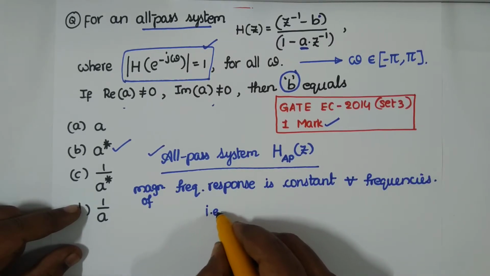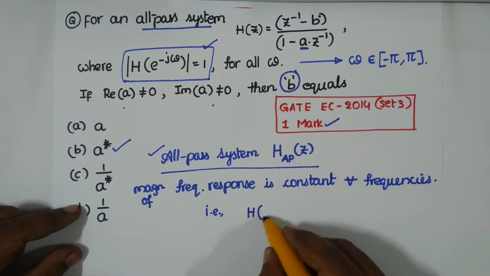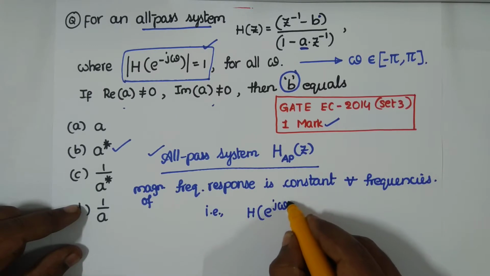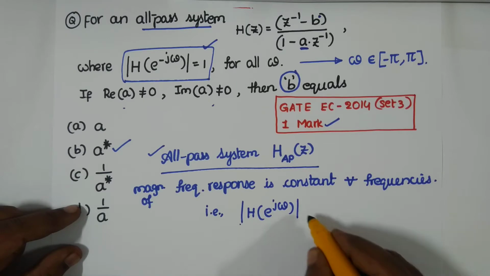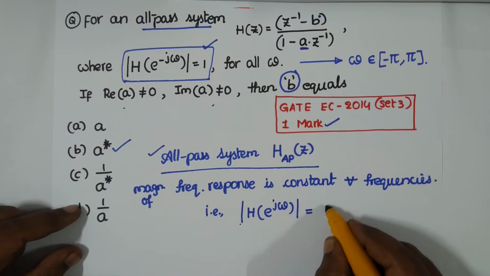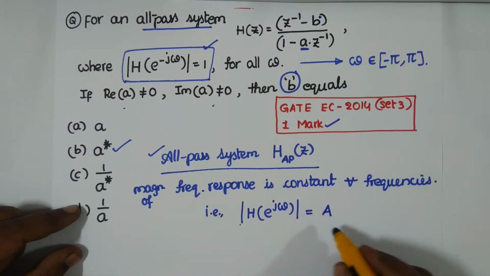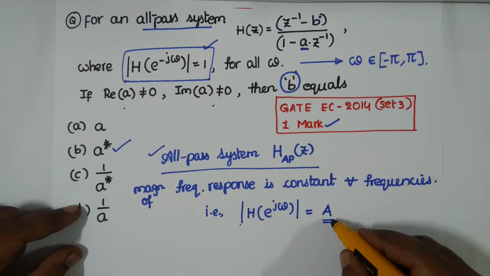So we could say like this: H of e power j omega, the magnitude of the frequency response, is equal to, say, A. In general, this could be any real constant, not necessarily 1 always.